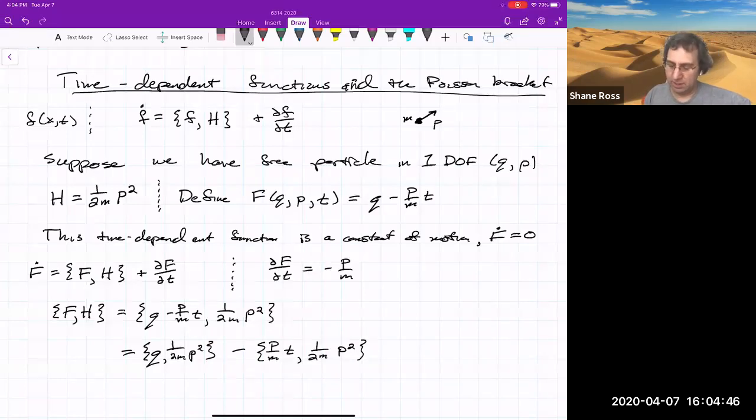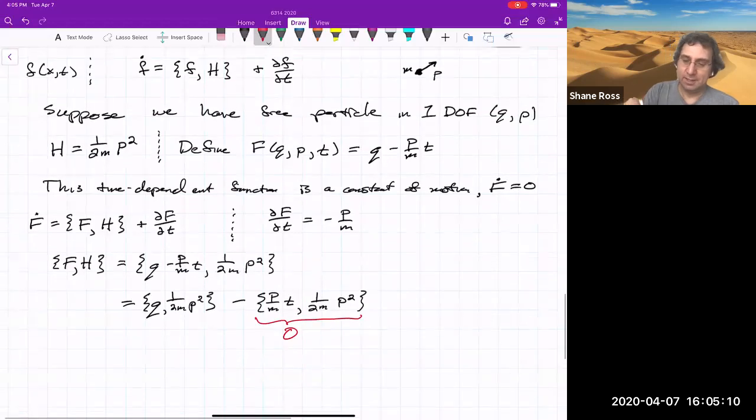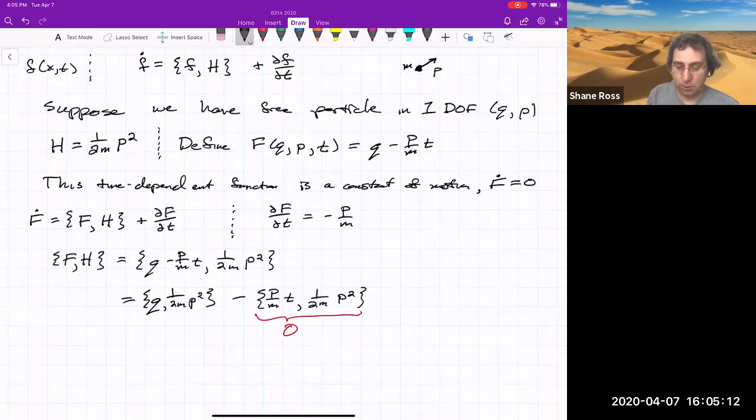And now the dependence on phase-space variables over here on this second term, it's just dependence on P. There's no Q. So this also is going to eventually be a bunch of things times Poisson bracket of P with P. And Poisson bracket of P with P, it's a fundamental Poisson bracket, which will give us 0. Whereas this other thing has Q in one of the slots and P in the other. So something else will go on there.